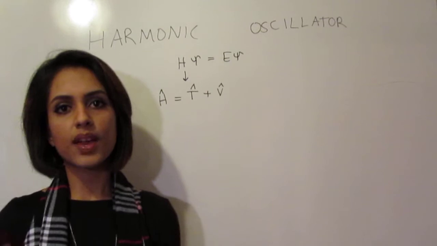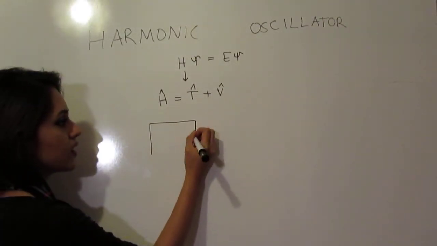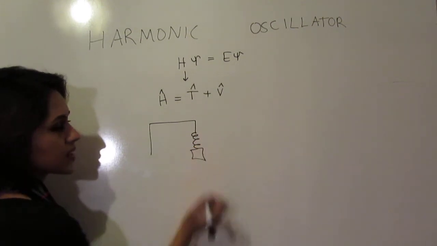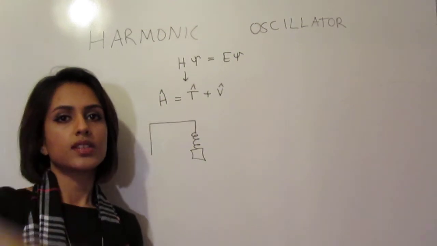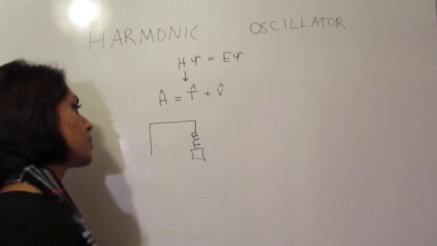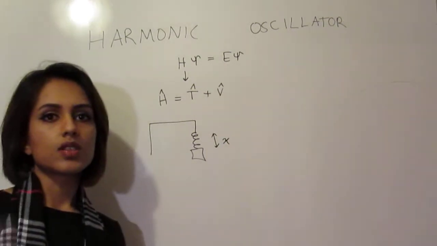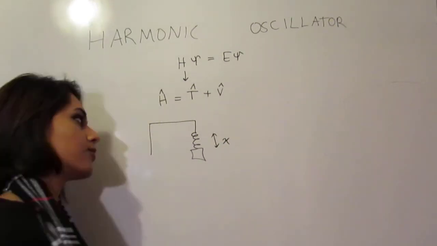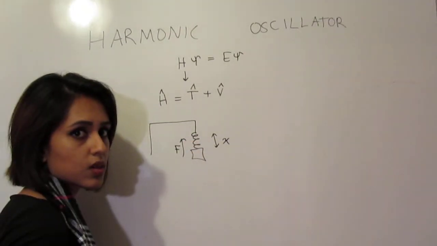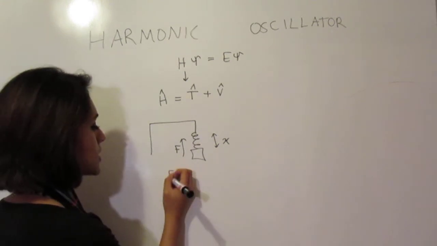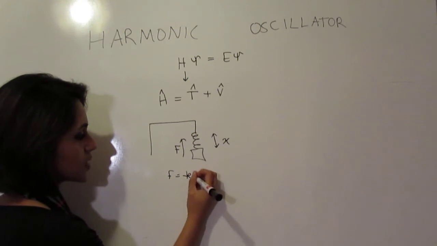So if we rewind back to basics, we look at a spring attached to a mass, right? And the spring with a mass on it goes up and down and up and down. So the displacement, the distance it goes up and down, is going to be called x, and the force opposing it, F, is basically called the restoring force and is given by the equation F equals minus kx.